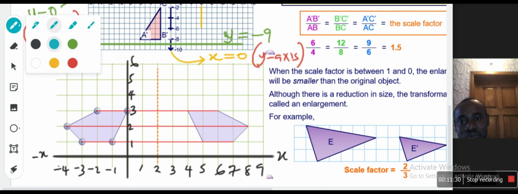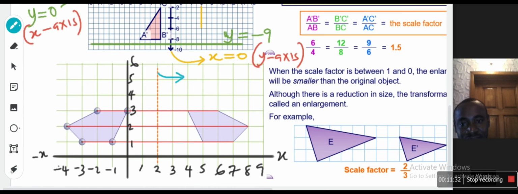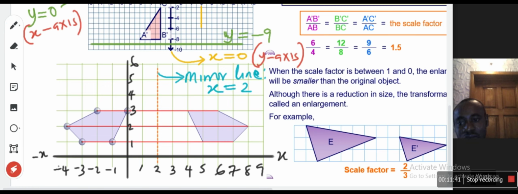So this dotted line is the mirror line, which is x equal to 2. So it means this shape is reflected by this mirror line, x equal to 2.